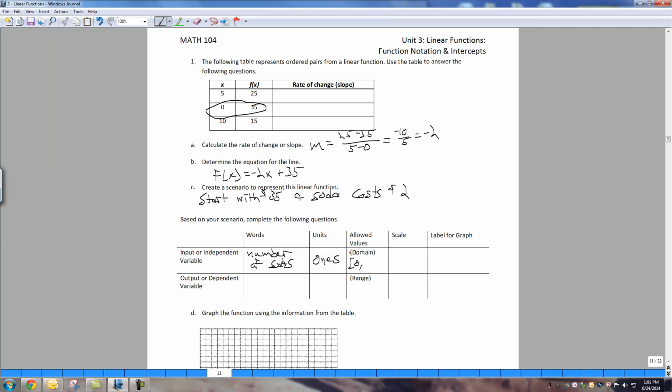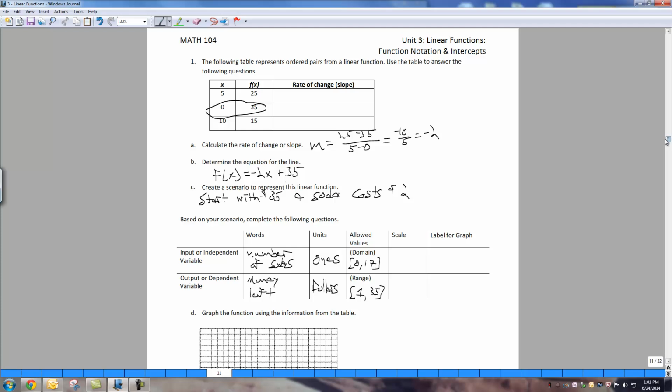I have $1 left over. My output variable is money left. The units is in dollars. And the range goes from the smallest amount of dollars I have left, which is 1, and goes to 35.